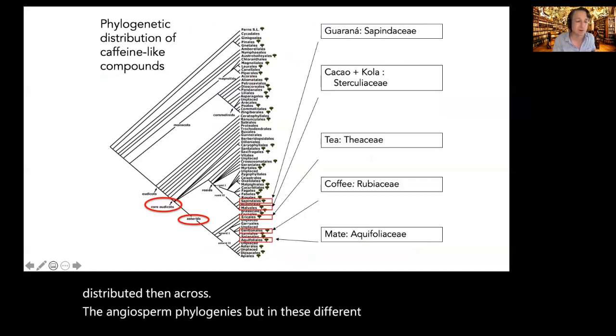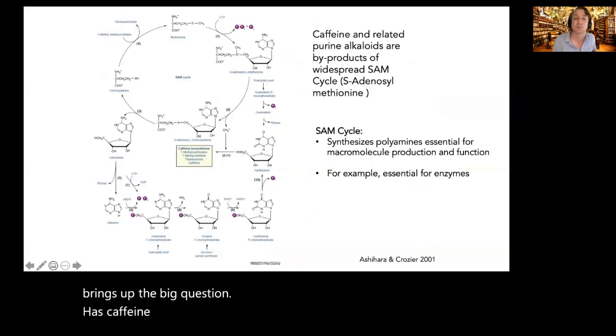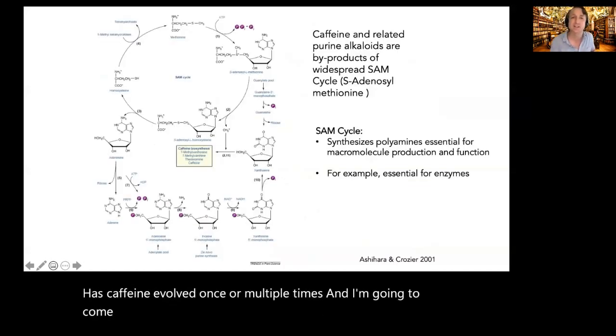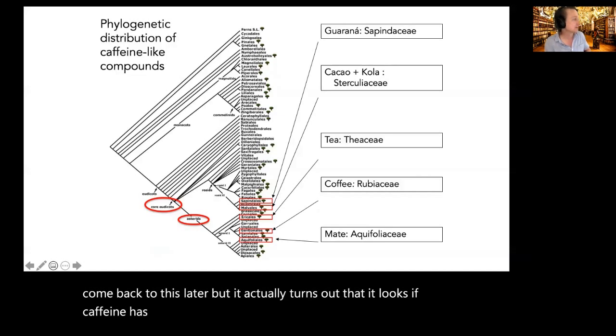And it brings up the big question, has caffeine evolved once or multiple times? I'm going to come back to this later, but it actually looks as if caffeine has likely evolved multiple times across the land plant phylogeny.